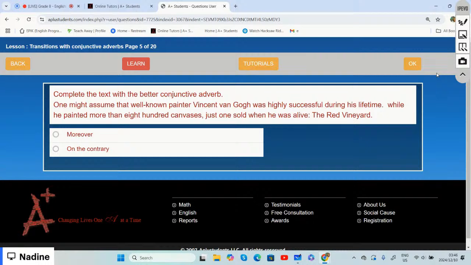He painted more than 800 canvases, just one sold when he was alive.